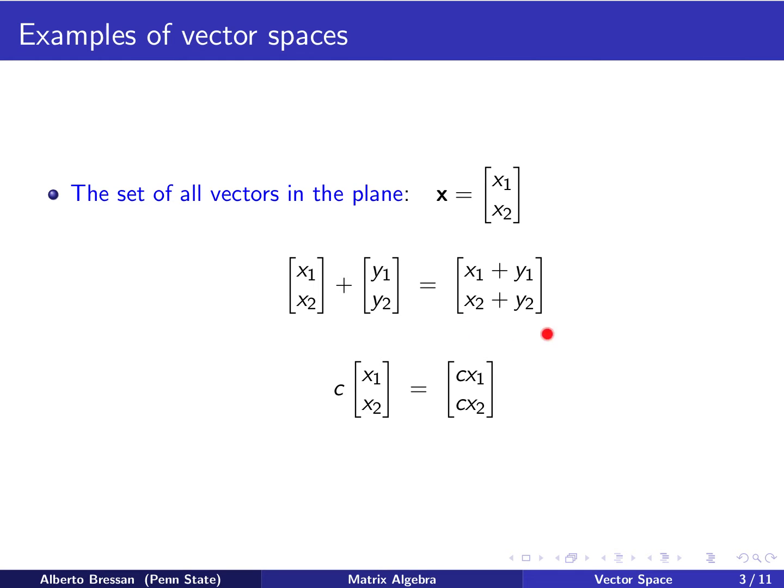And you see that this is, again, a vector in the plane. The second property is if you multiply a vector x by a number c, you get another vector, as you distribute the c onto each element. And this is again a vector in the plane. And therefore, the set of all vectors in the plane forms a vector space.